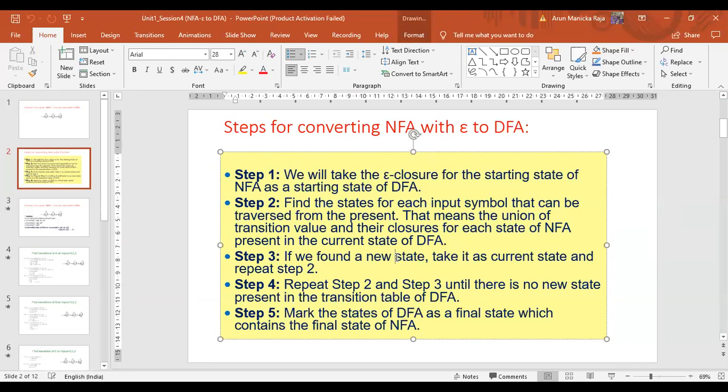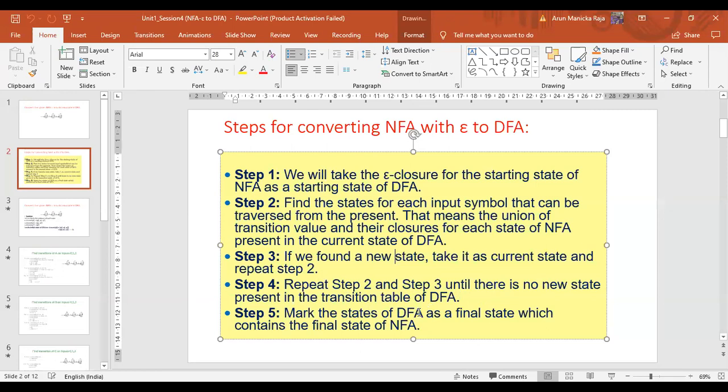Otherwise, we need not go further; we can stop. In the second problem, NFA with epsilon to NFA without epsilon, we did not give any names to the states, but here we give names, like in the first problem, NFA to DFA conversion. We repeat step 2 and step 3 until no new state is present in the transition table.